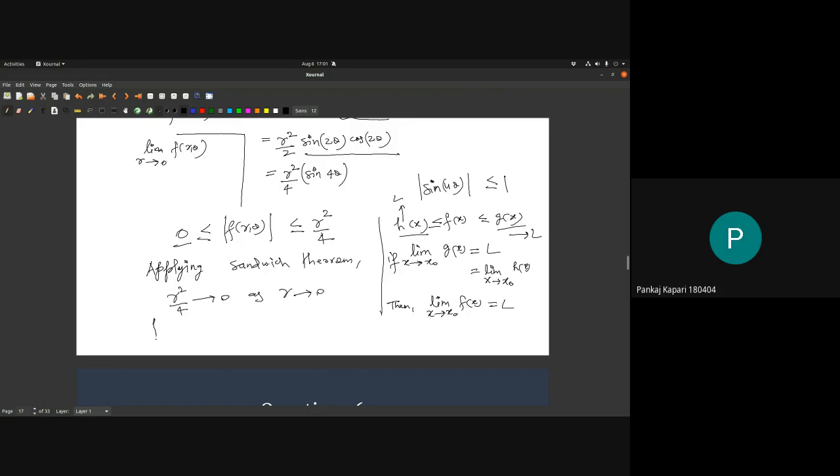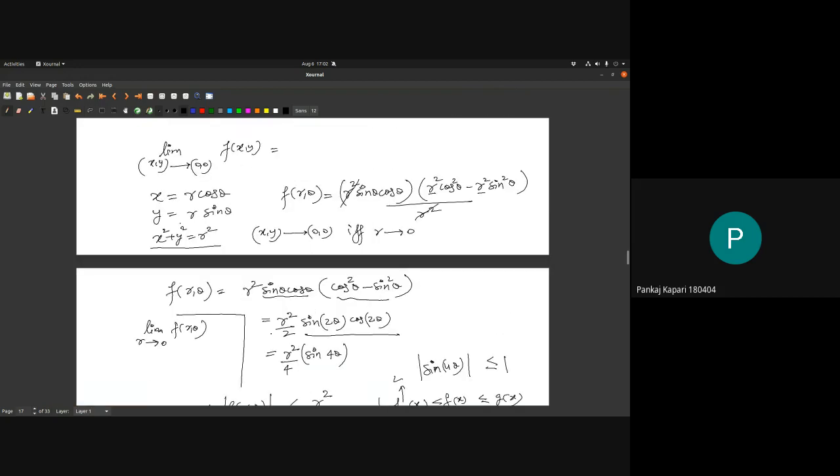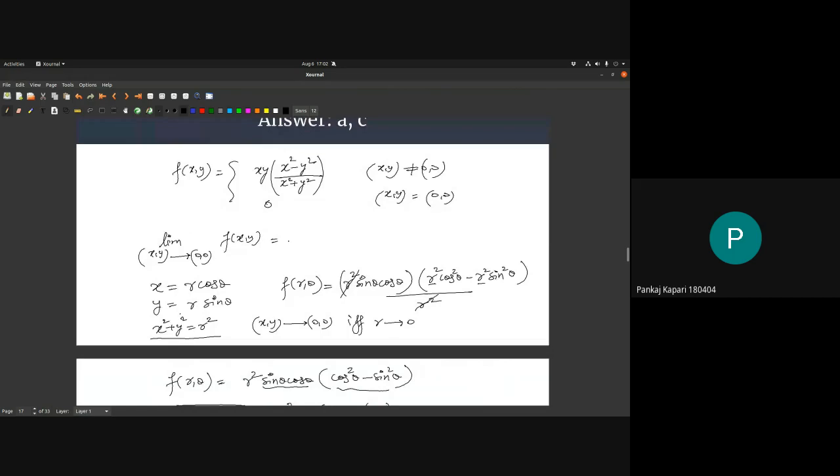By Sandwich theorem, the limit of this function is 0. Okay, so this limiting value is 0, because we have calculated it by just converting from Cartesian coordinates to polar coordinates.